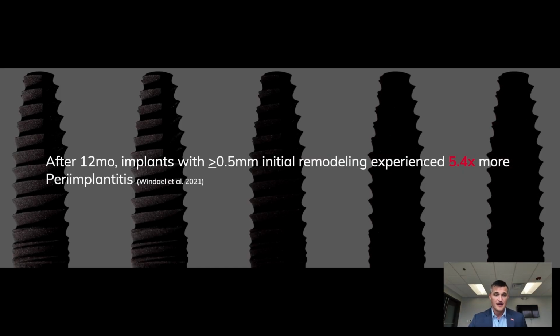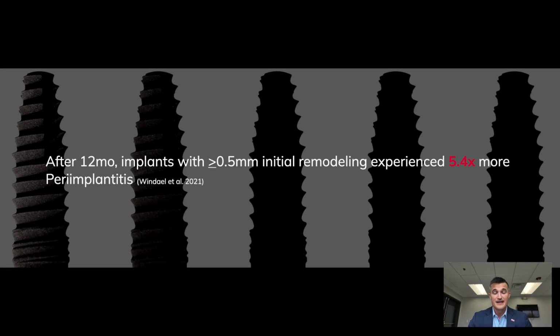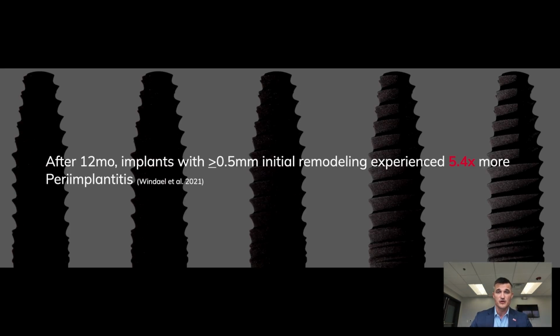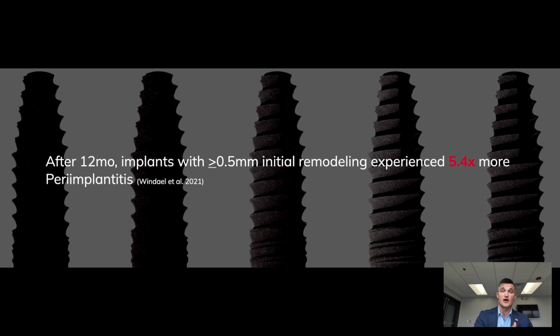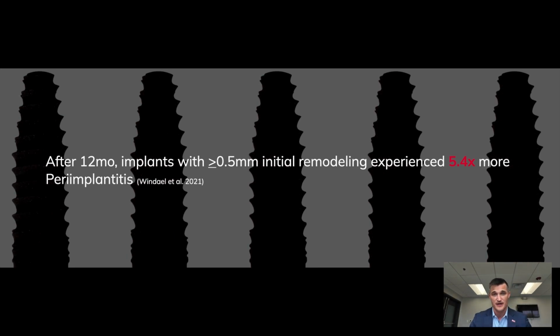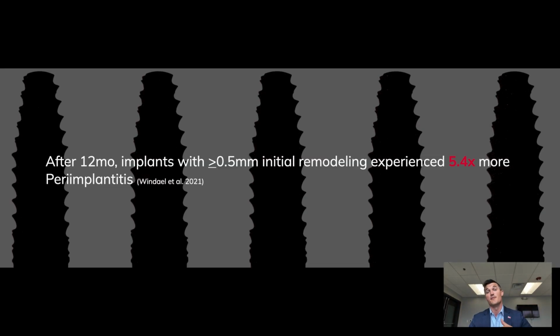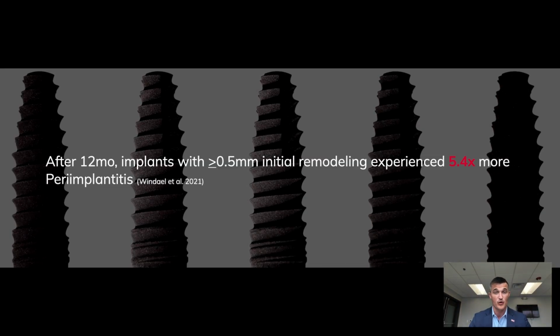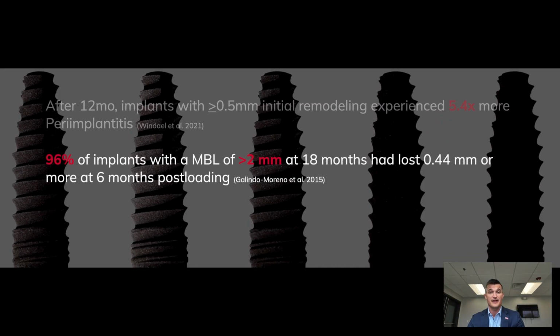So in general, when we talk about marginal bone loss though, what we find is that more marginal bone loss and more exposure of that implant surface increases risk of disease development regardless of the implant surface. In this study by Wendell, they showed that after 12 months, implants with more than 0.5 millimeter of initial bone remodeling had almost 5.5 times more peri-implantitis.